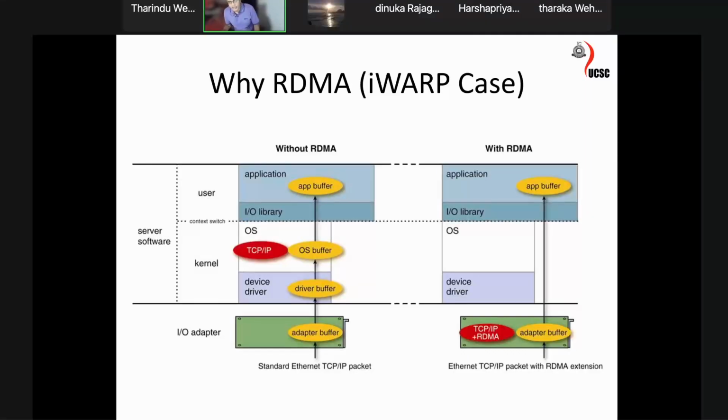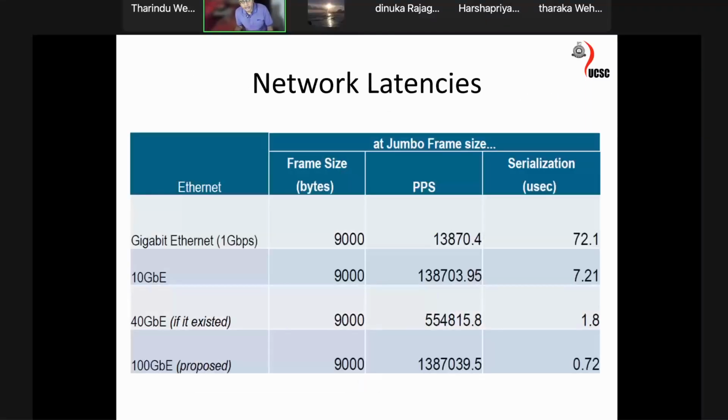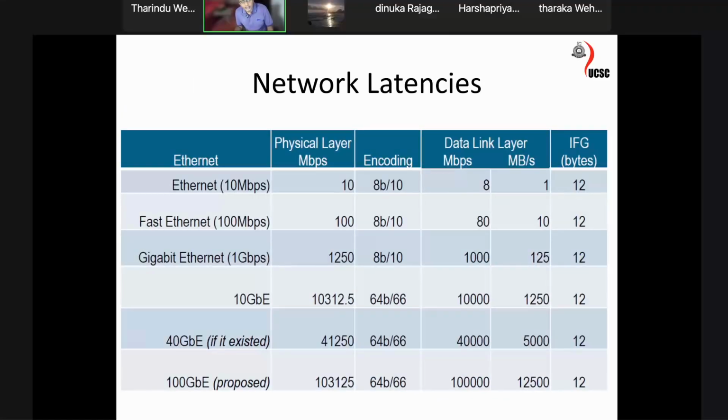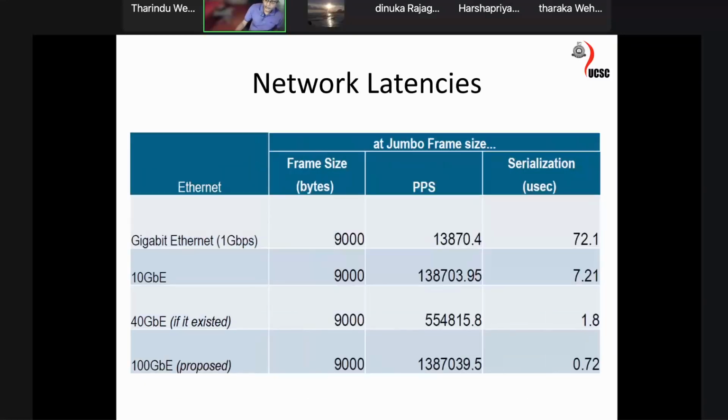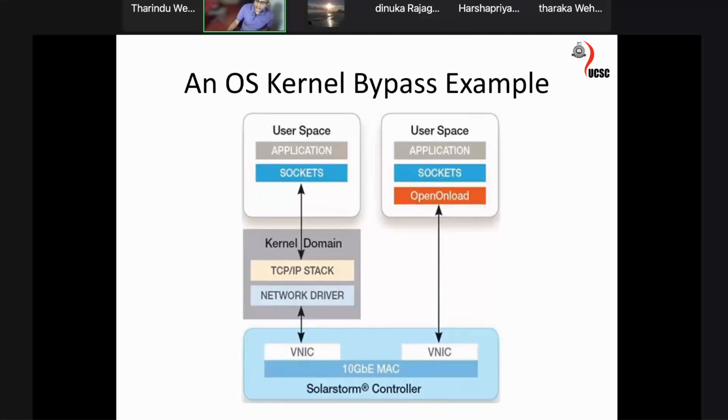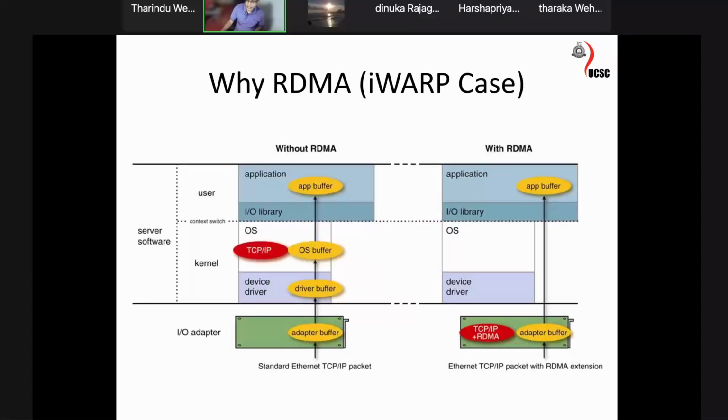Buffers reducing: I mentioned to you that buffers increase the latency, which is the queue delay. So queue delay is reduced by offloading, entirely removing some of the buffers or pushing the buffers to the adapter network card, which is hardware based, not software based.